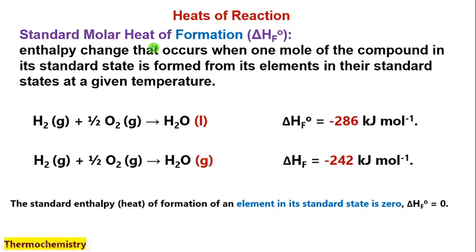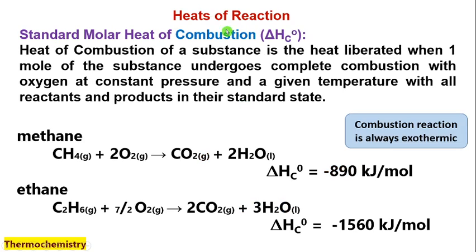So as I told you, one we are seeing is heat of formation. Another one we will see is the standard molar heat of combustion. In the case of formation, we saw that the molecules form from their elements. Whereas here, delta Hc naught, C for combustion, is a standard molar state. 1 mole of the substance of interest, the reactant, undergoes complete combustion. 100% combustion is done. When you have a complete combustion, the products are carbon dioxide and water.